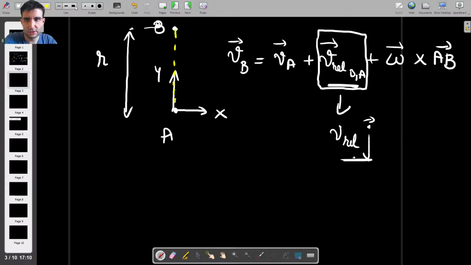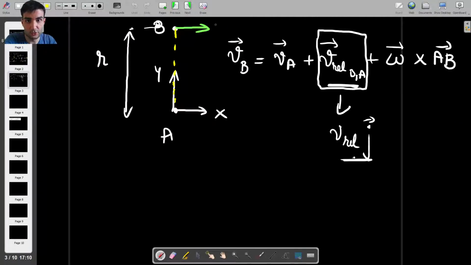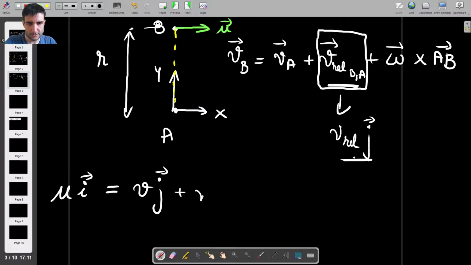So VB, that's the velocity of the cat, obviously, which is pointing in this direction. The velocity of the cat is given to us as u, which means that in this case, VB is u times i, because the velocity of the cat is purely in the x direction, and that's equal to the velocity of the dog, which is v times j, plus this relative velocity times j, plus our determinant here, which is ijk.